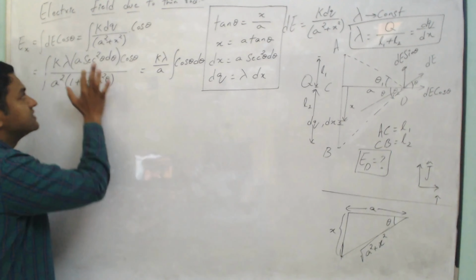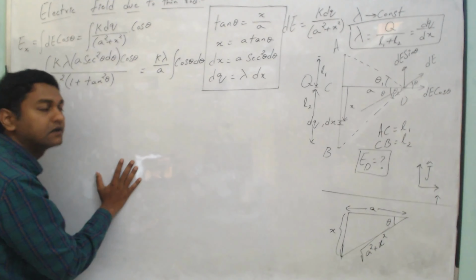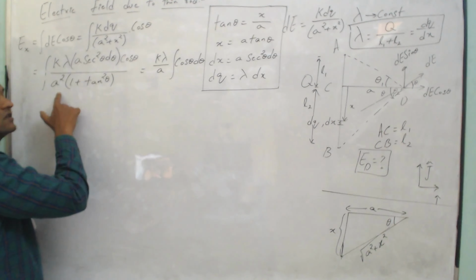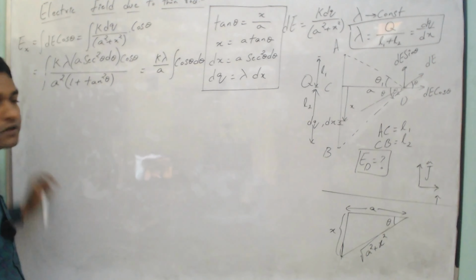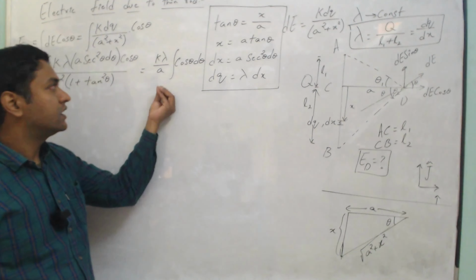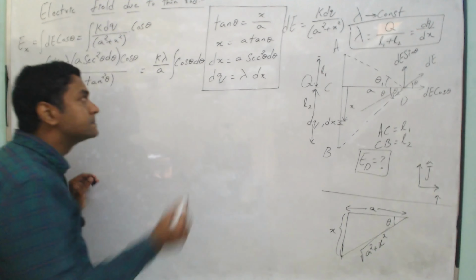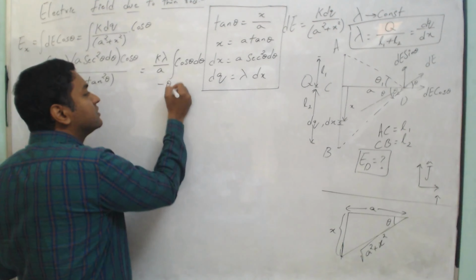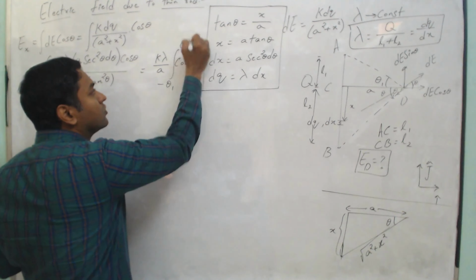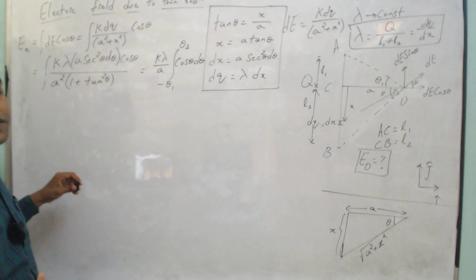Secant square theta will cancel. One a will cancel with one a over here. This will become k lambda by a integral cos theta d theta. Limits from minus theta 1 to theta 2. Clear? Yes, sir.